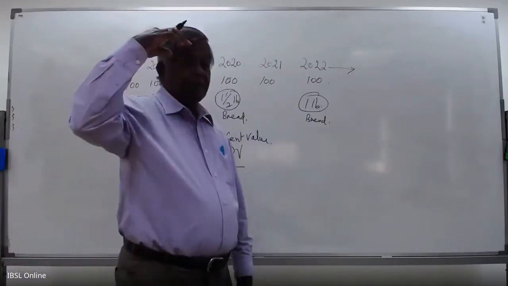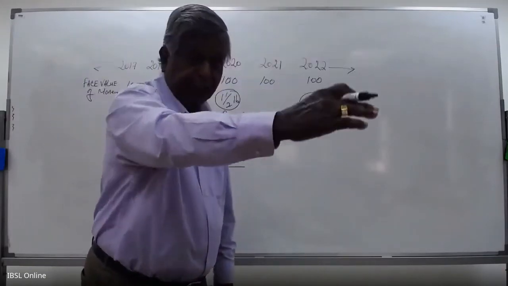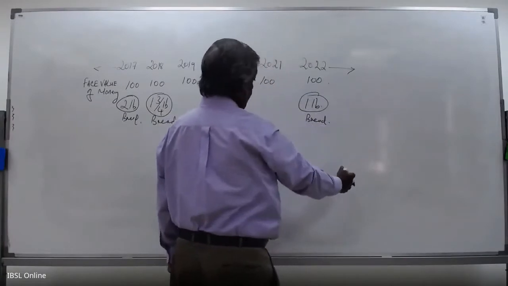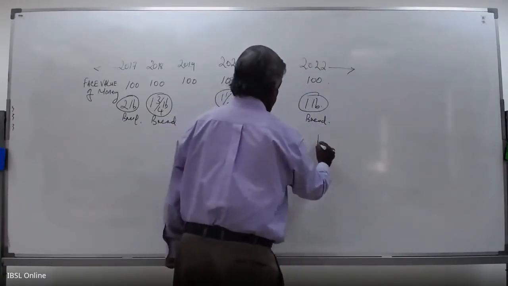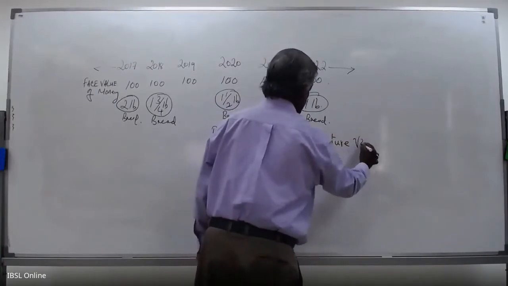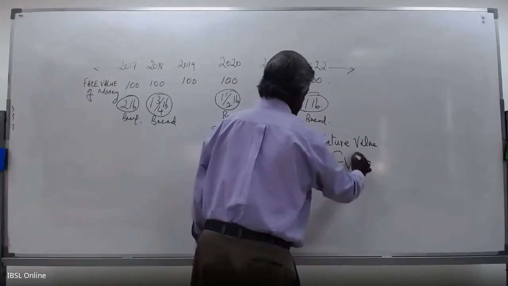And the amount of money you are going to get at a future date is the future value of money, FV.